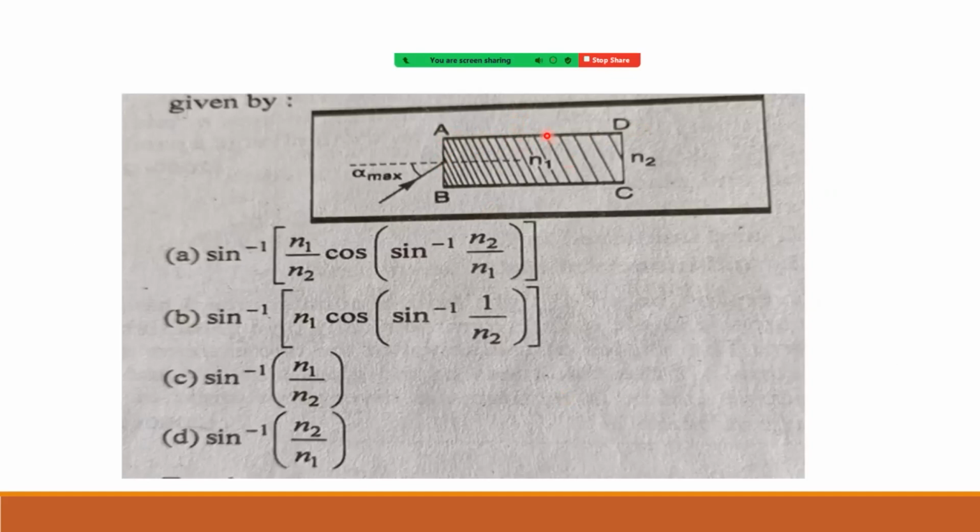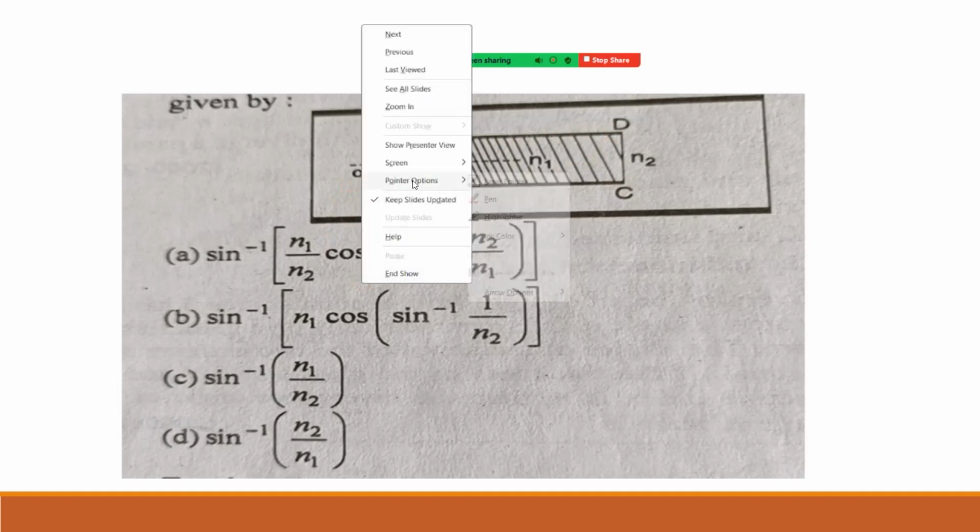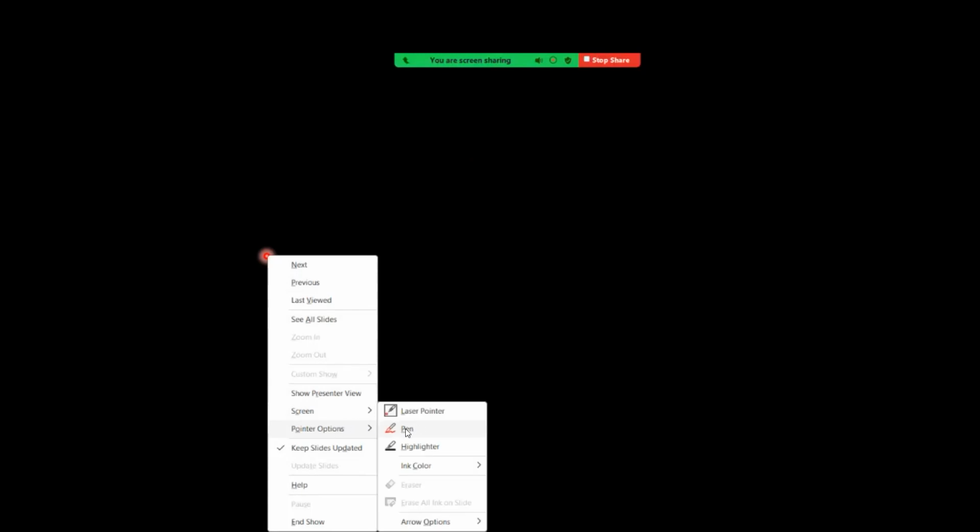Then only it can come out from the face CD. That means on the face AD, it must be total internal reflection. So for that, we have to find what is alpha maximum. See carefully how to start it. First of all, see the diagram given. So slab is given.